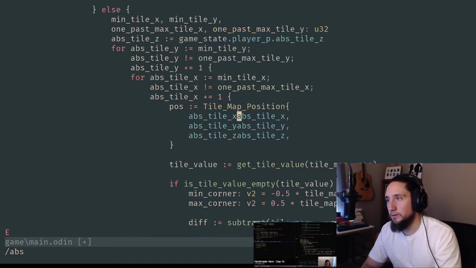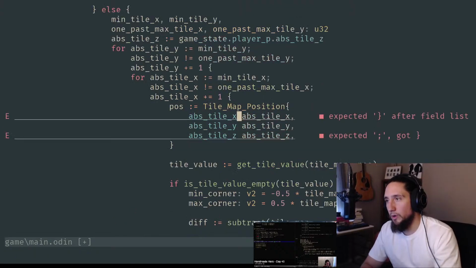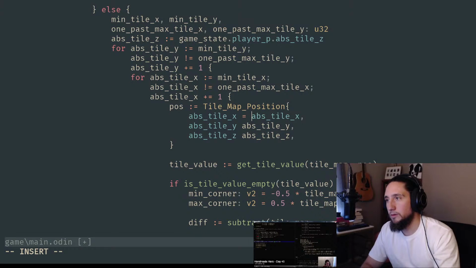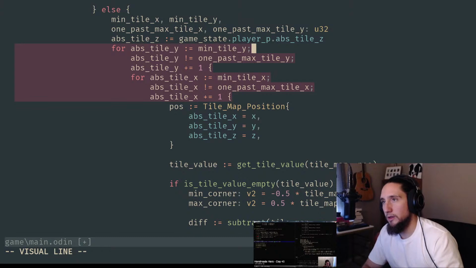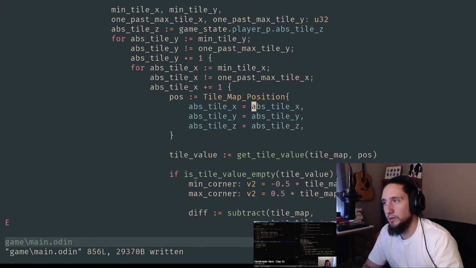In fact, we could even abridge these names and just say these are X, Y, Z, just so that this is less chunky, because this is a pretty chunky for loop here. We'll just leave it like this for now.